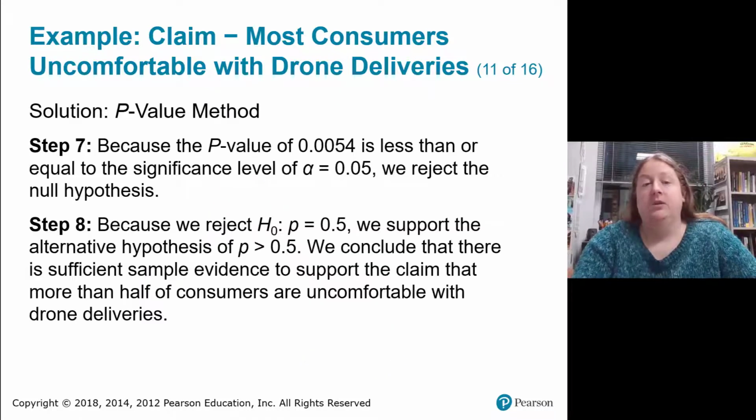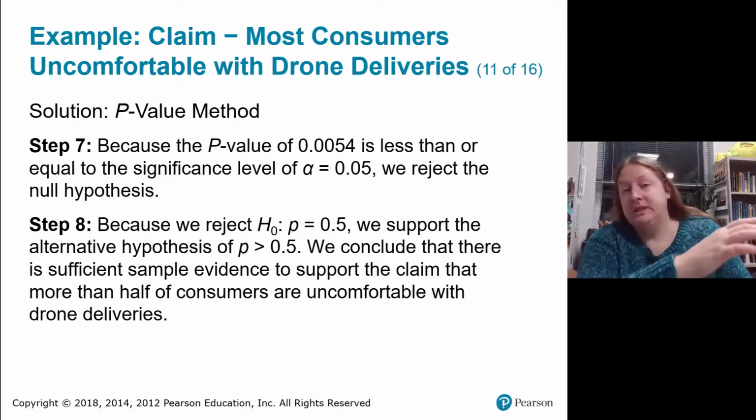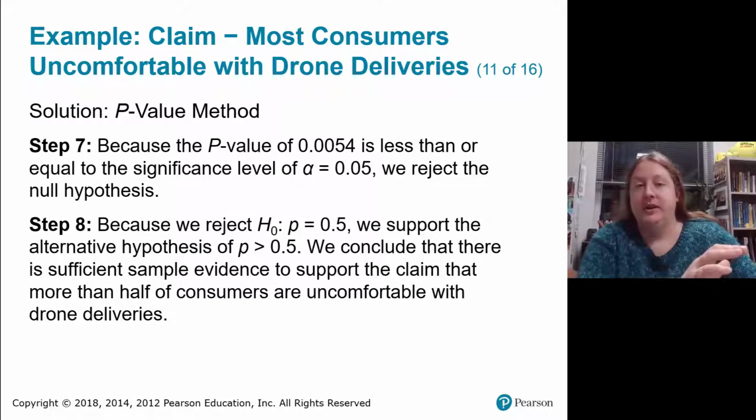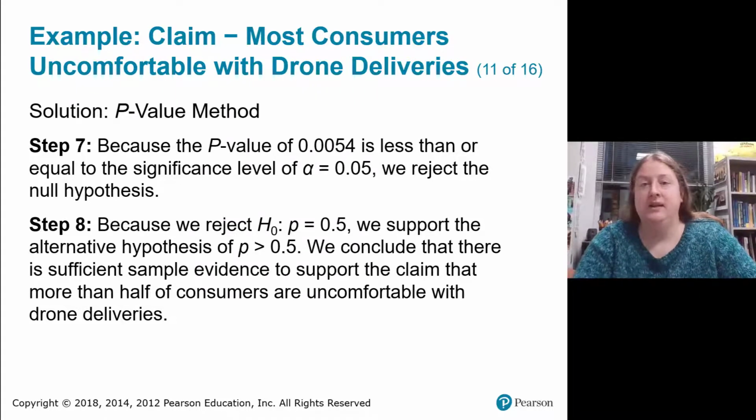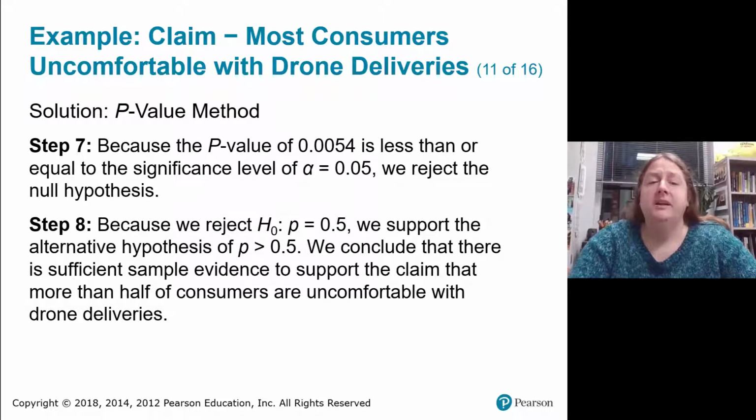So now, regardless of whether we've used technology or table A2, we're back to needing to do step 7 and 8. All right. So step 7. Because the p-value of 0.0054 is less than or equal to the significance level of 0.05, we reject the null hypothesis.